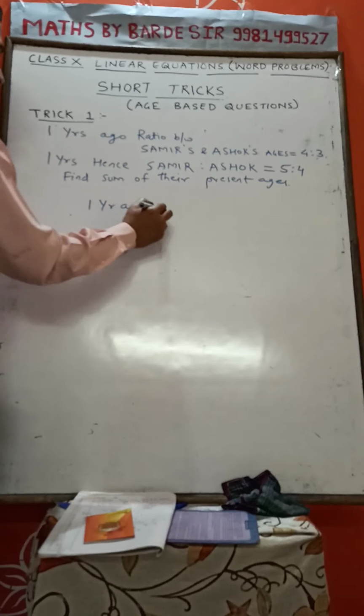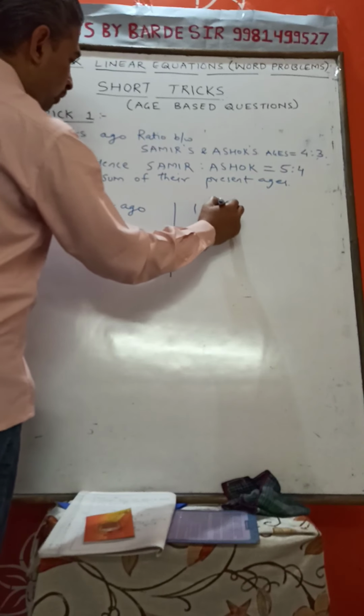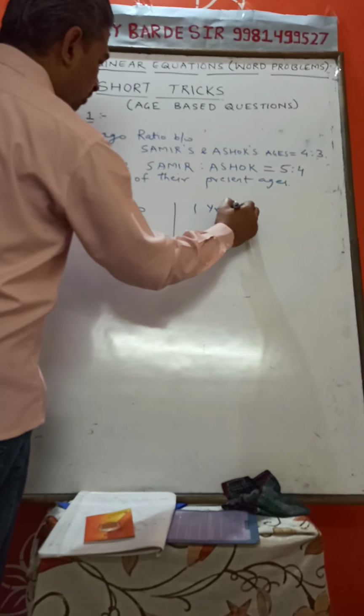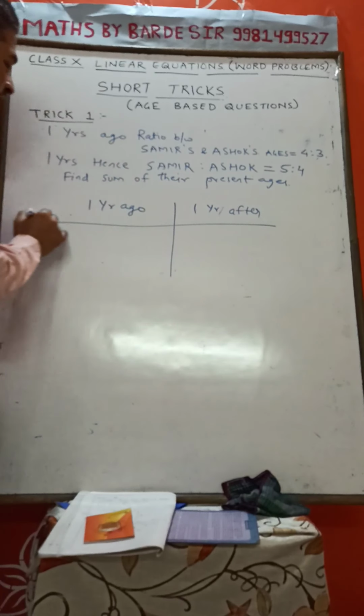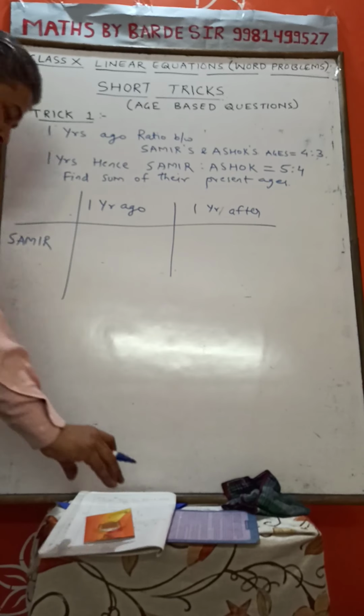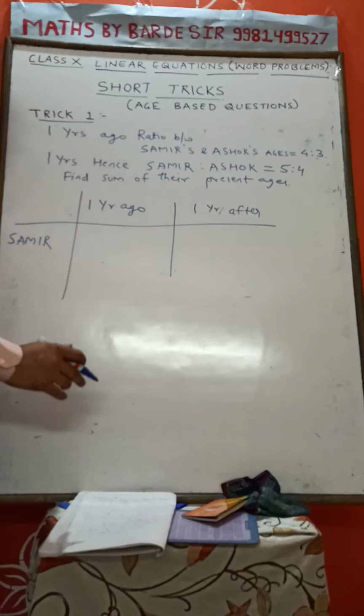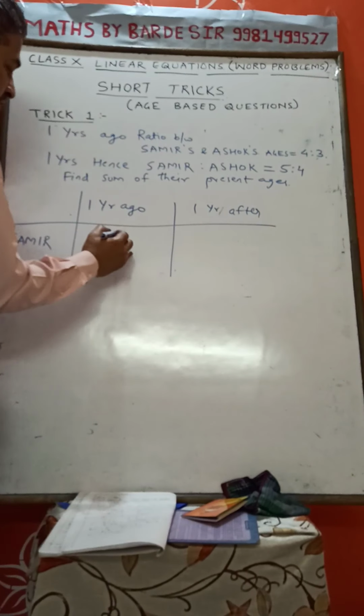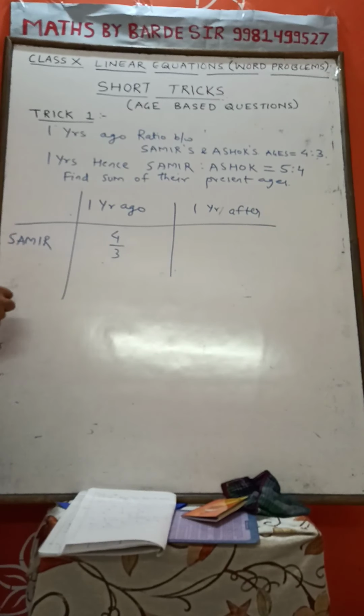Again we'll make the same table. 1 year ago, 1 year after. Here we write Samir. Ratio is 4:3, I'll write here 4/3.